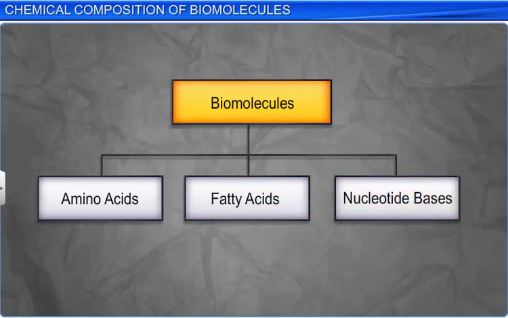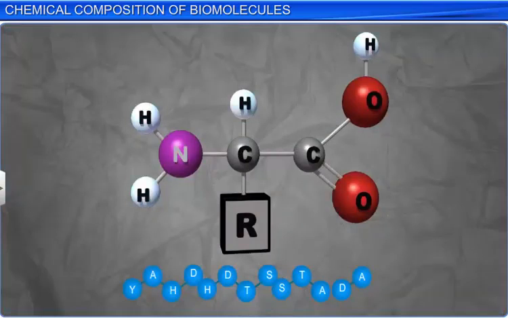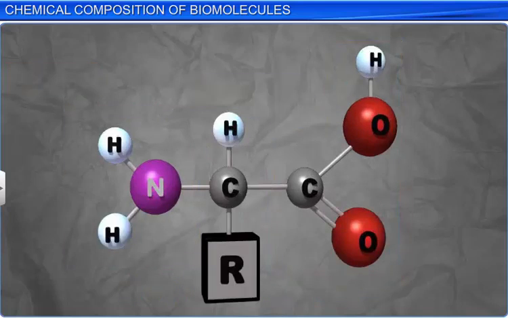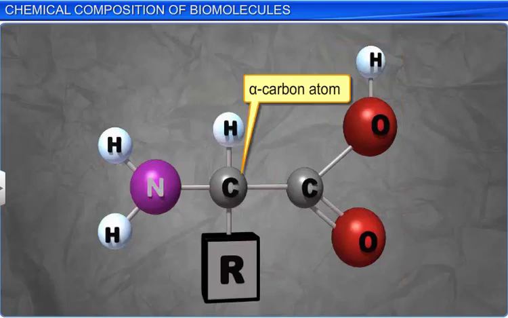Amino acids are the building blocks of all proteins. The amino group and carboxylic group are present on the same alpha carbon atom of the amino acid. Hence, they are also known as alpha amino acids.